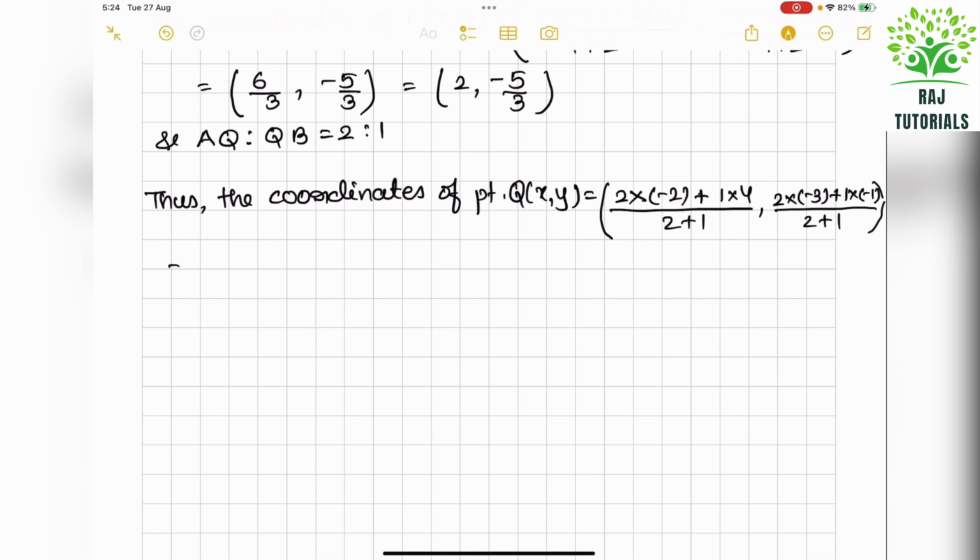So this comes to 0 by 3 comma minus 7 by 3. So that is 0 comma minus 7 by 3. Hence I got both the points P and Q.